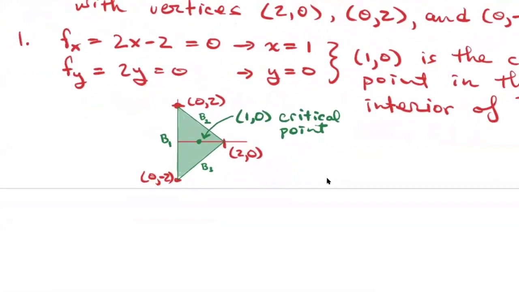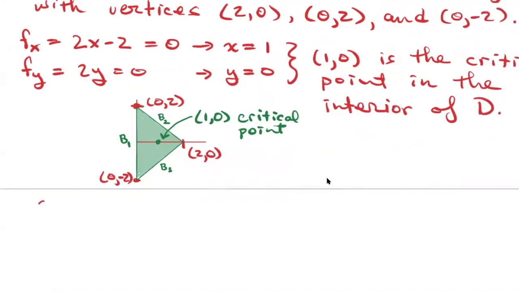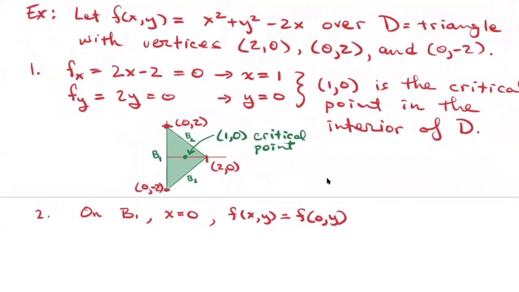So if the boundary is made up of multiple segments, you have to do each segment. Okay. So on B1, we know that x is 0. So the parameterization is just y is equal to y. And so f of x, y would be really f of 0, y, which is y squared.